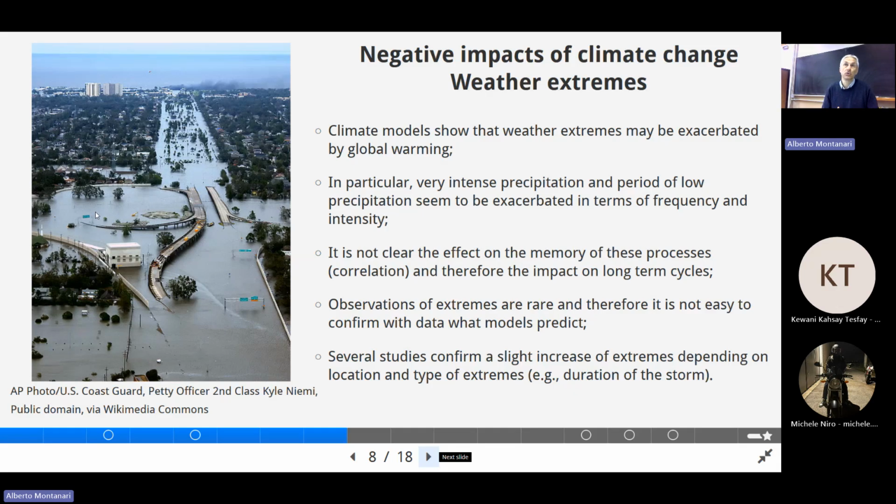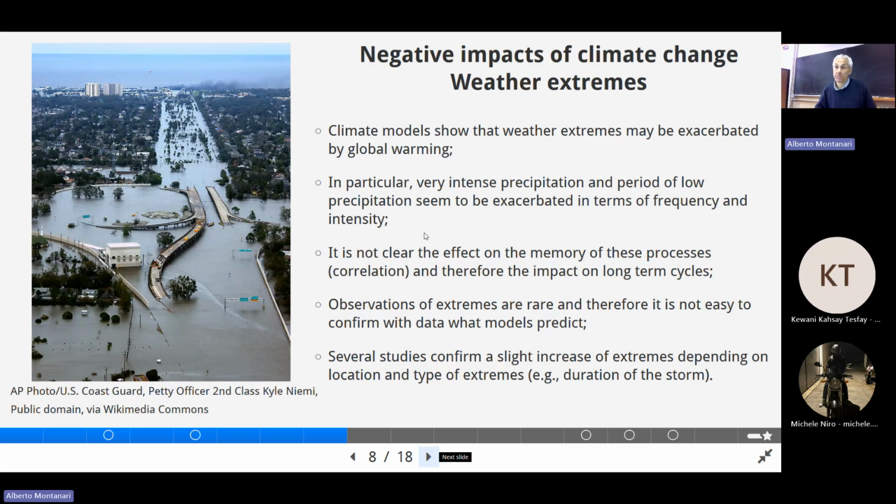If you look at the history of the Maya and of the Romans, they increased in prosperity during warm periods, and they got crisis during cold periods. So there was a lot of concern in the 50s and 60s of the past century about this global cooling. This is why if you search in Wikipedia, you find information on that.